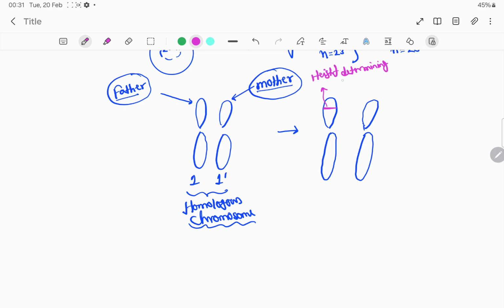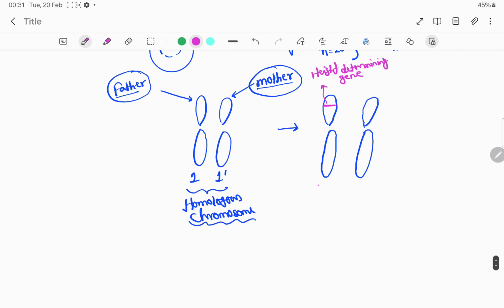If there is a height determining gene in one, in the same locus in one dash, this is the first pair as I have told, there will also be a height determining gene. Clear? The same gene.